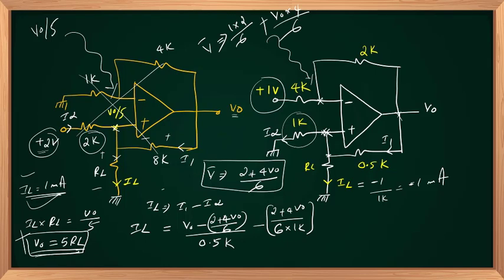Taking the LCM here, 0.5K is equivalent to 1 by 2. So this will become 6V out minus 2 plus 4V out upon 6 into 0.5, which is nothing but 3 kilo, minus 2 plus 4V out by 6K.